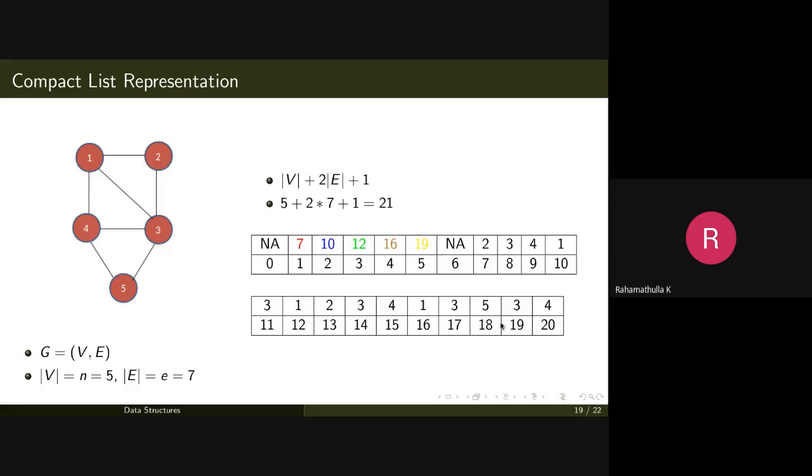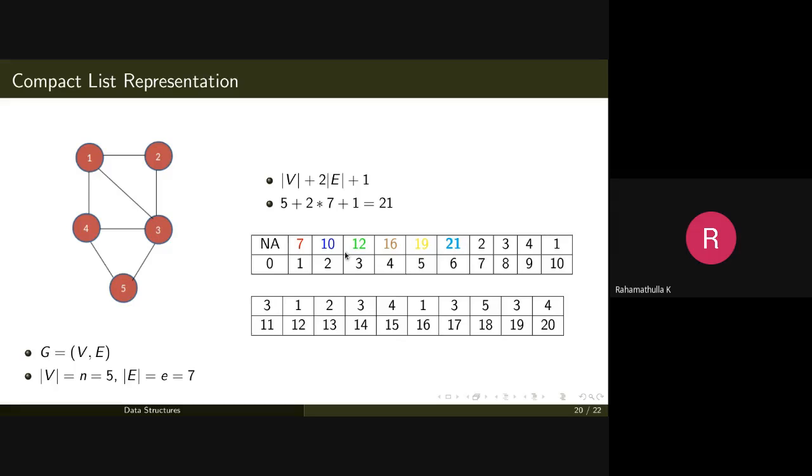The fifth vertex starts at, sorry, 19. It has got edges 3 and 4. Now we need to fill up these two unused places. So this place is marked as the next entry, that is 21.